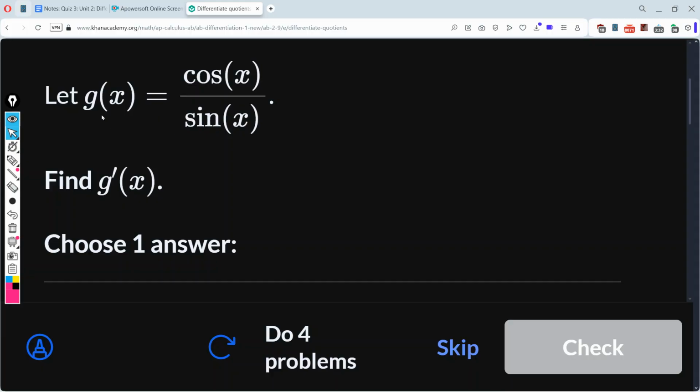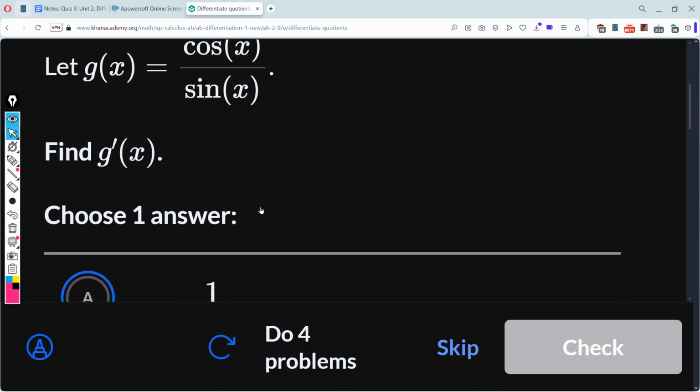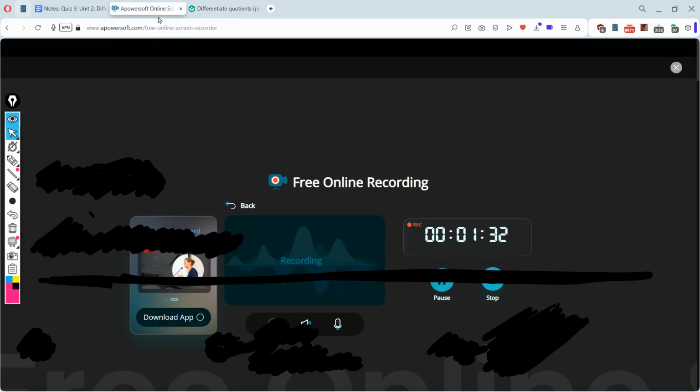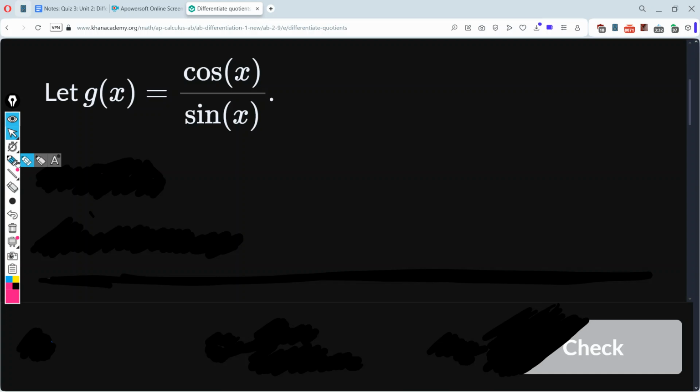All right, so here we have our main function g of x, and they want us to find the derivative, g prime of x. Let's see if we can apply the formula here. We said a minute ago for the derivative, we'll let the top or numerator be the u, and we'll let the bottom be the v.